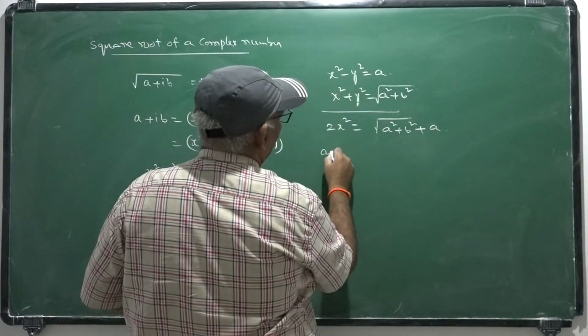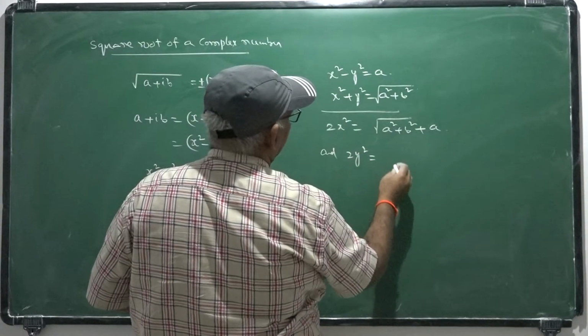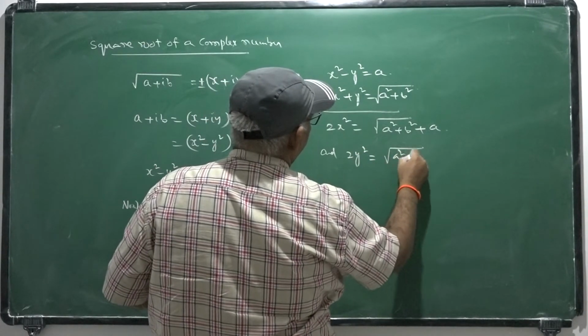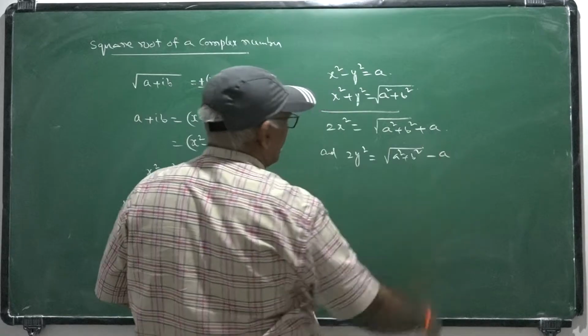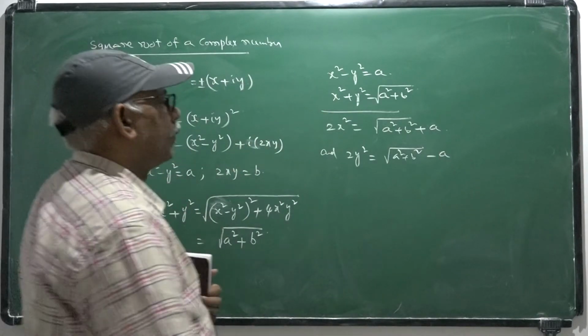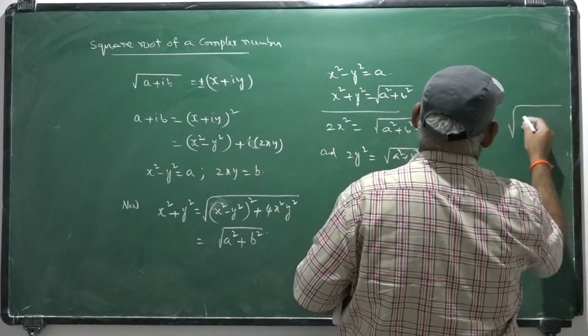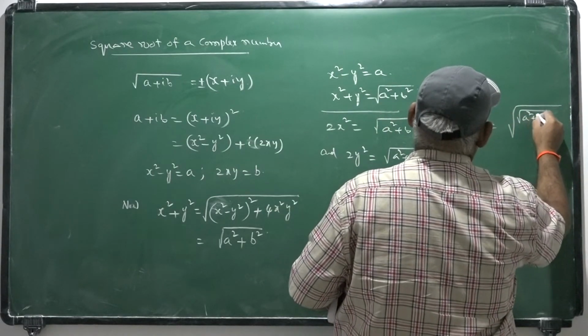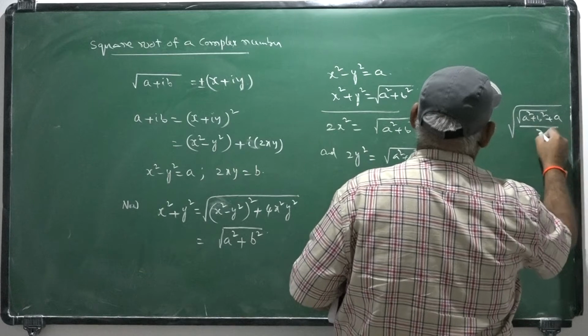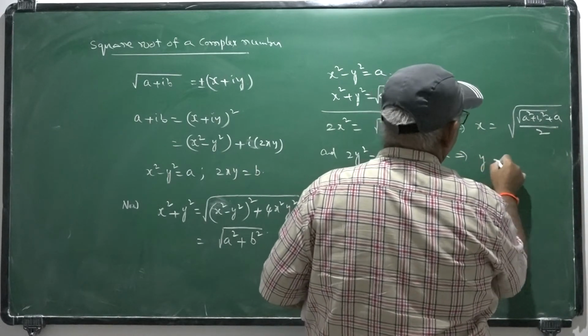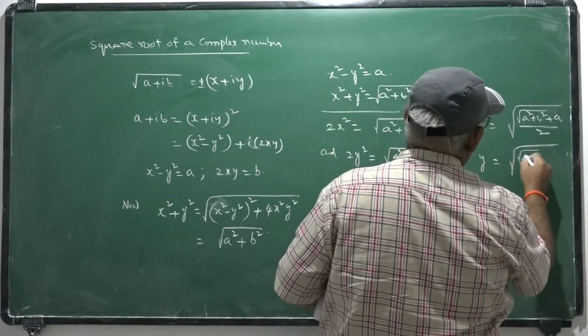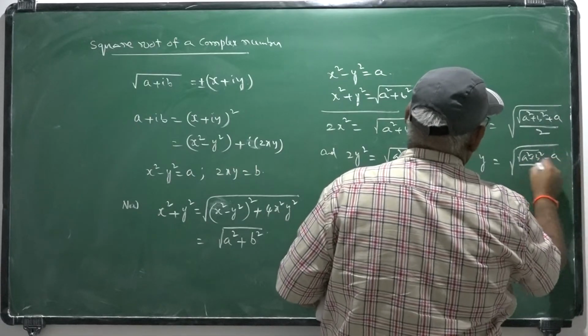Subtracting, 2y square gives us square root of a square plus b square minus a. From this, x takes the value square root of (root over a square plus b square plus a) by 2, and y takes the value square root of (root over a square plus b square minus a) by 2.